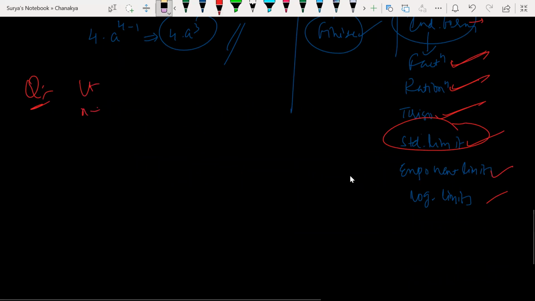Limit x tending towards 1, x to the power of 15 minus 1 divided by x to the power of 10 minus 1. Tell me.